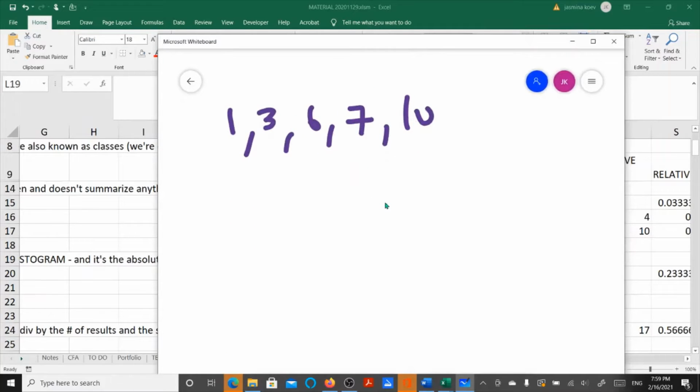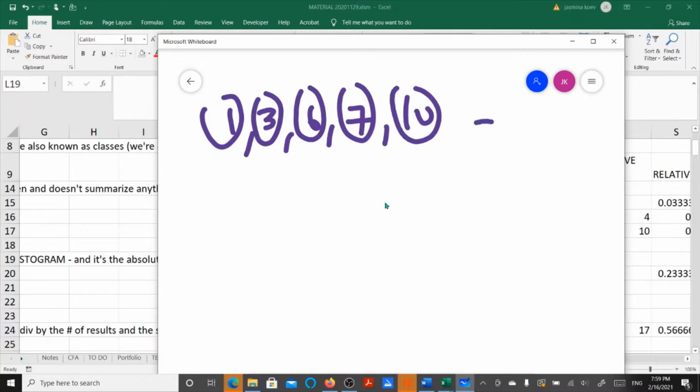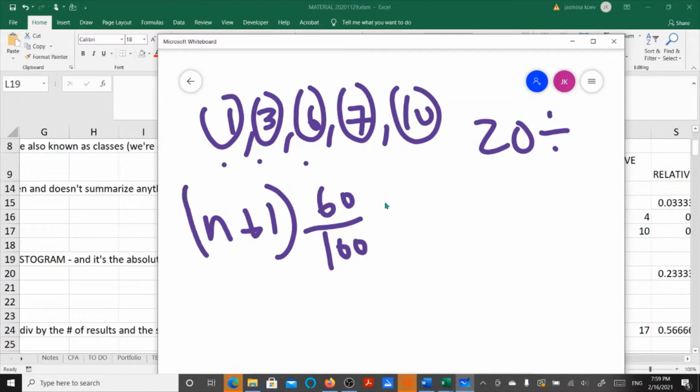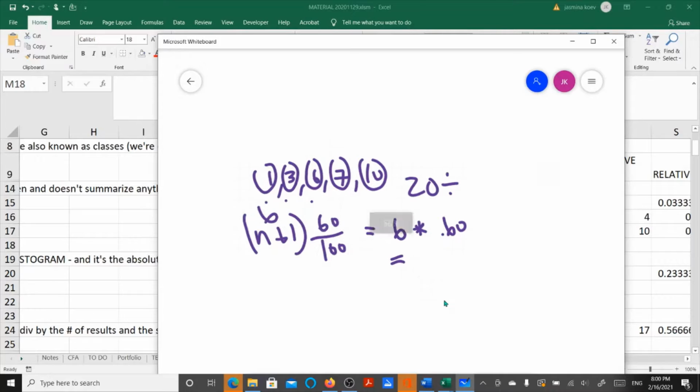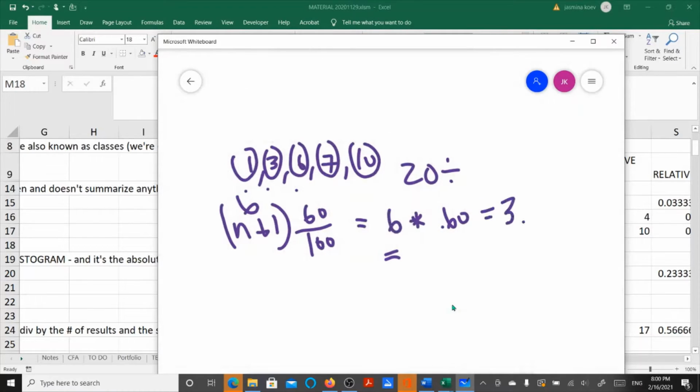These are hard results. So if I were to say quintile, if you remember those were at 20%, I would say in the first 3 quintiles, which would be 20, 40, 60, 60 divided by 100, and I have n plus 1 observations, or I have 6 here, I have a calculation of 6 times 0.60 equals 3.6.